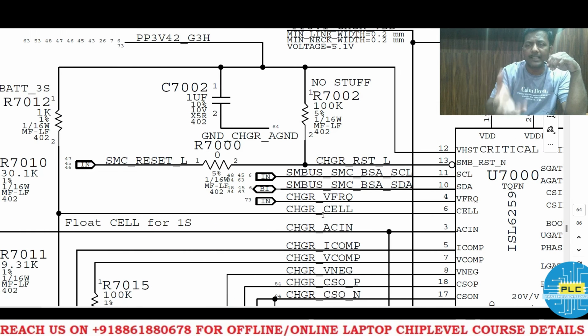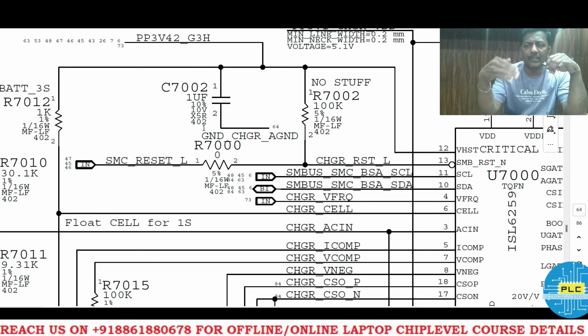CELL itself tells it's the battery cells. It depends on one cell, single cell, two cells, three cells. Depending on those cells, this voltage will generate, the output voltage will generate. Okay, see, what is the supply? PP3V42G3H means it's 3.42, right?